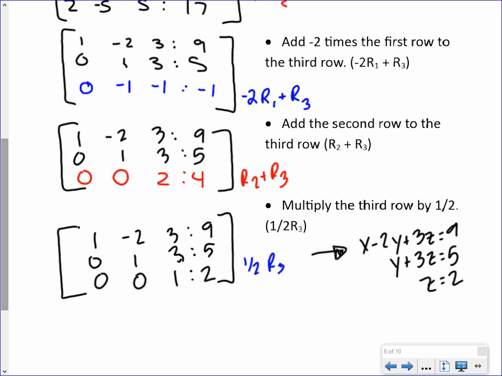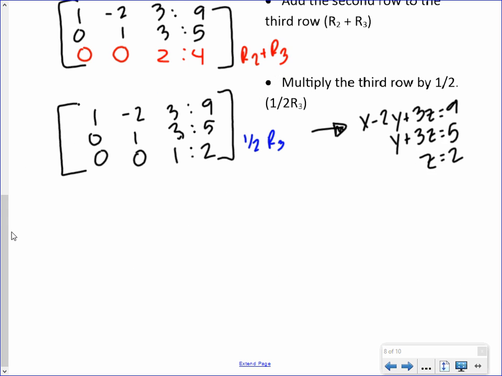If I asked you to solve that system, could you do it? What would you do? Plug z into the second equation so that you could solve for y. Okay, so I would do y plus 3 times 2 equals 5. That's y equals -1.